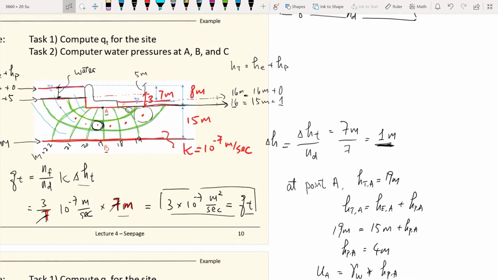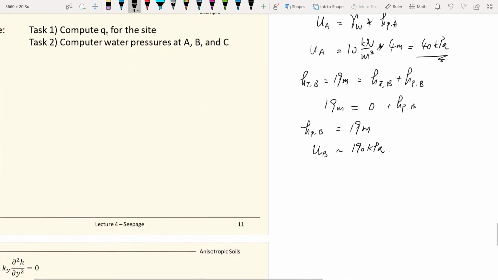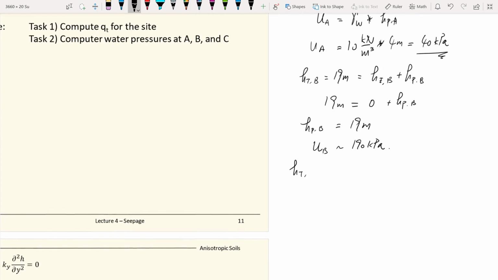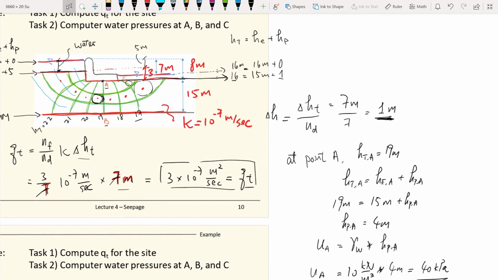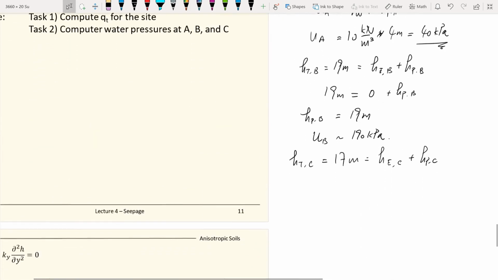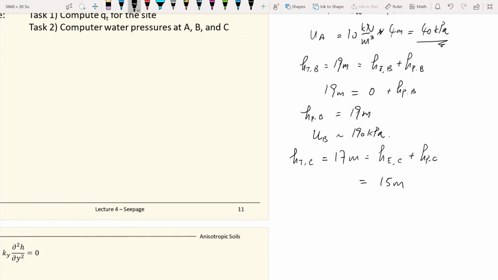So at point C, now we are at a total head of 17. For the pressure at point C, the total head at point C is equal to 17 meters, and that is equal to the elevation head at point C plus the potential head at point C. The elevation head at point C is the same as point A, which is 15 meters. So 17 equals 15 plus the potential head we try to solve for.